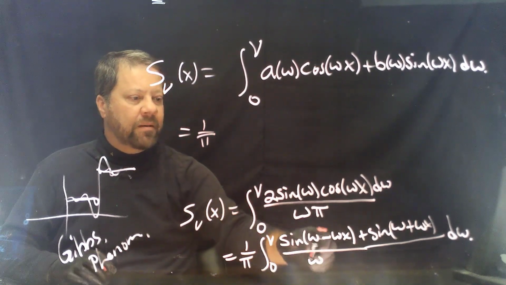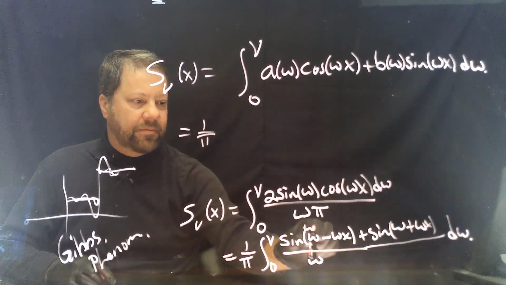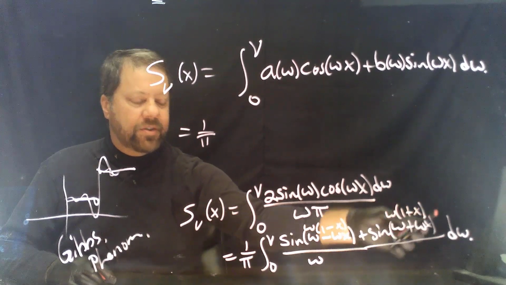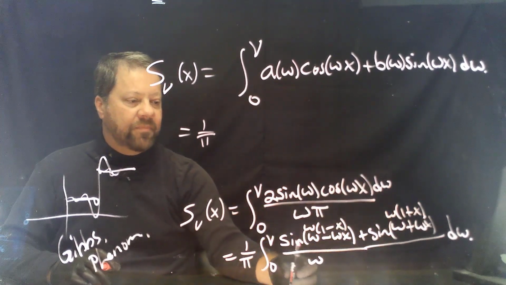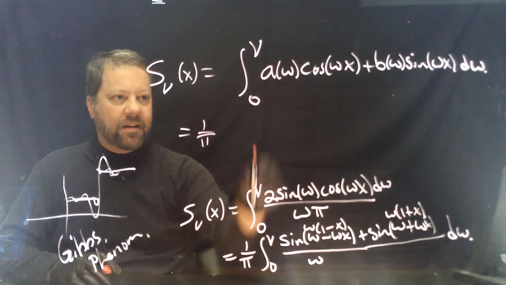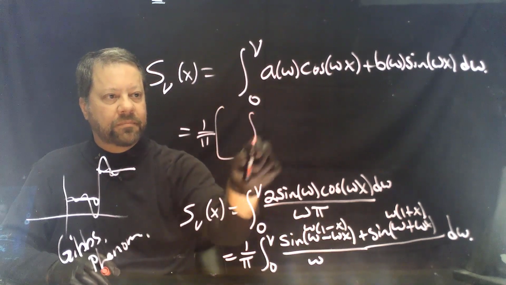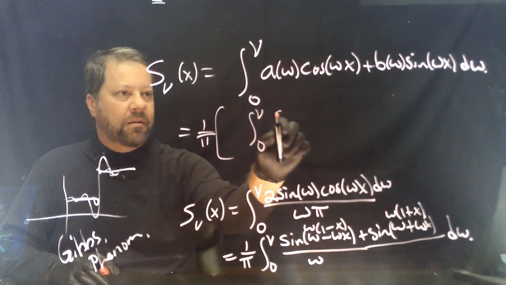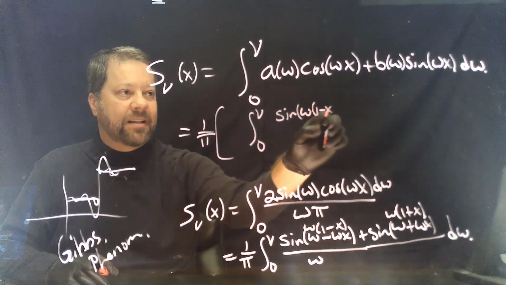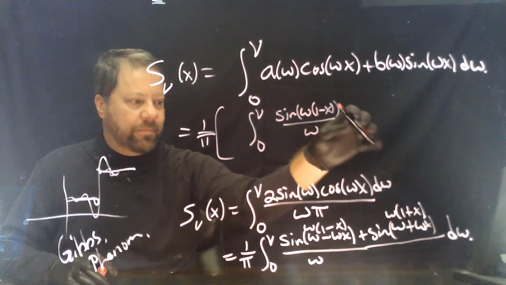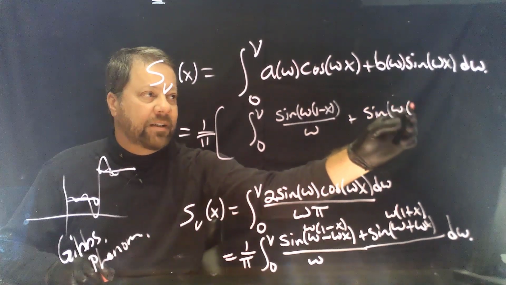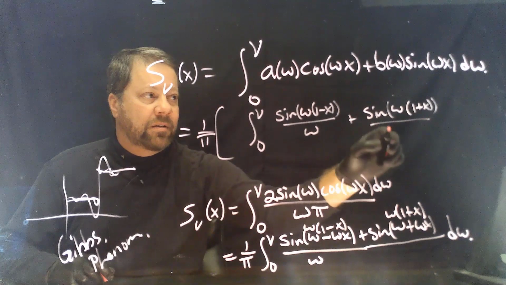Let's see. We can factor out the omega on each of these terms and break this into 2 separate integrals. You can see that on the first integral, it's sine of omega times 1 minus x over omega plus the sine of omega times 1 plus x over omega.